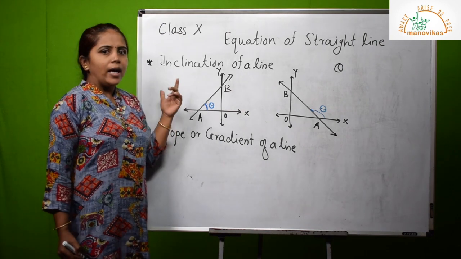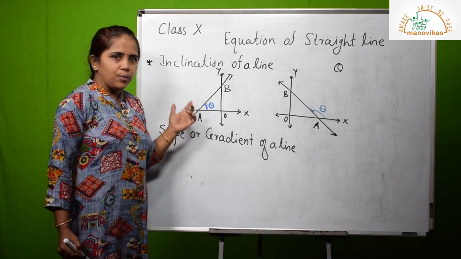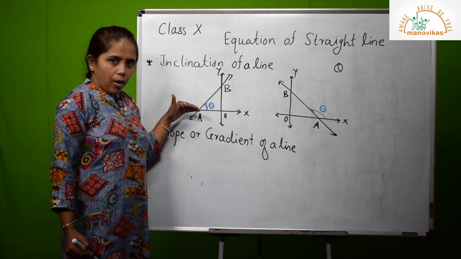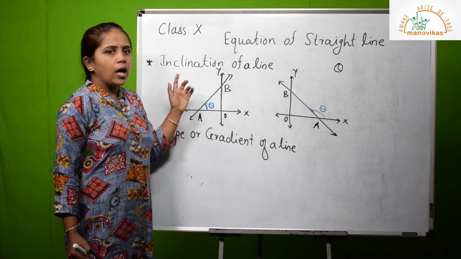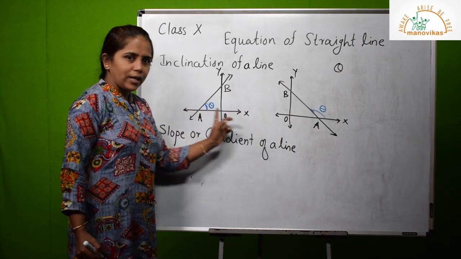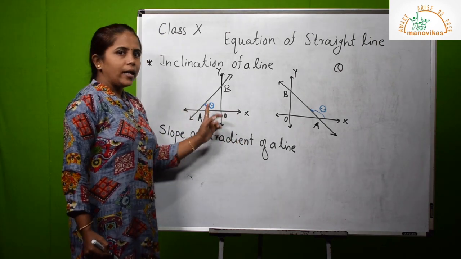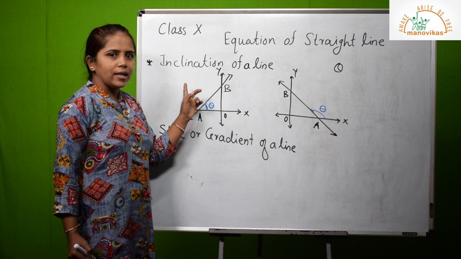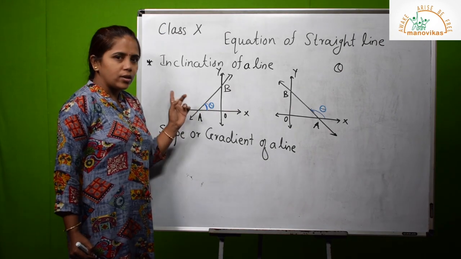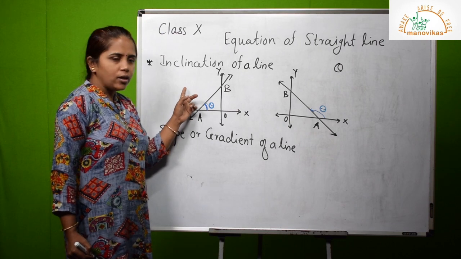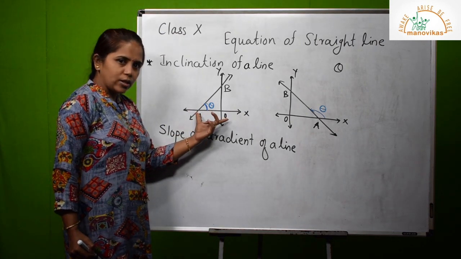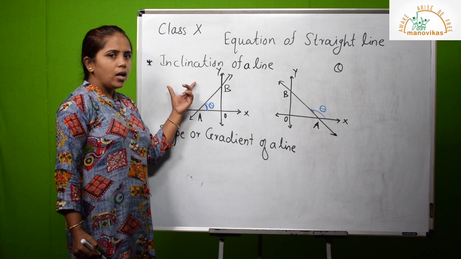Inclination of a line is the angle which is made by the portion of a line which is above the x-axis with the positive direction of the x-axis in anti-clockwise direction. How to measure that angle? It is measured in anti-clockwise direction from the positive direction of the x-axis towards the line.